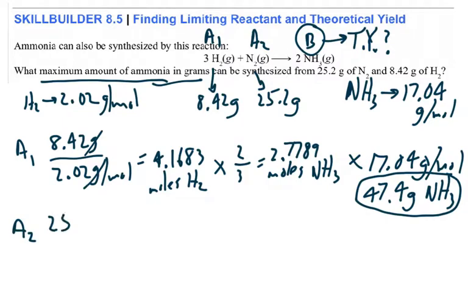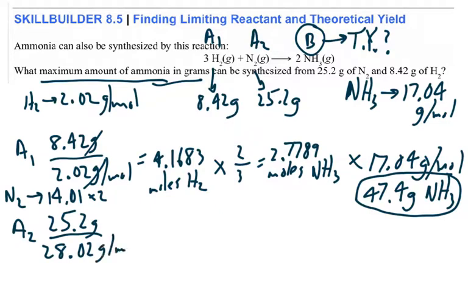Here we've got 25.2 grams. Now the molar mass of N2 is 14.01 times 2. Okay, and that's going to give us, I'll write it down here, 28.02 grams per mole. So my first step is to change grams of nitrogen into moles. I get 0.89936 moles of A2, which is nitrogen.